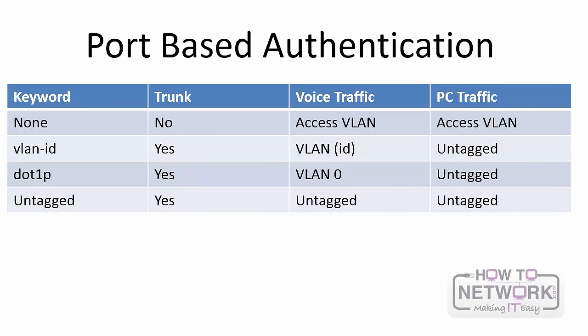Now please note, if you do choose dot1p, it places voice packets on VLAN 0, which requires a VLAN ID, but it does not require a unique voice VLAN to be created. Untagged mode puts voice packets in the native VLAN, and as you know, native VLAN means it does not require a VLAN ID or a unique voice VLAN.